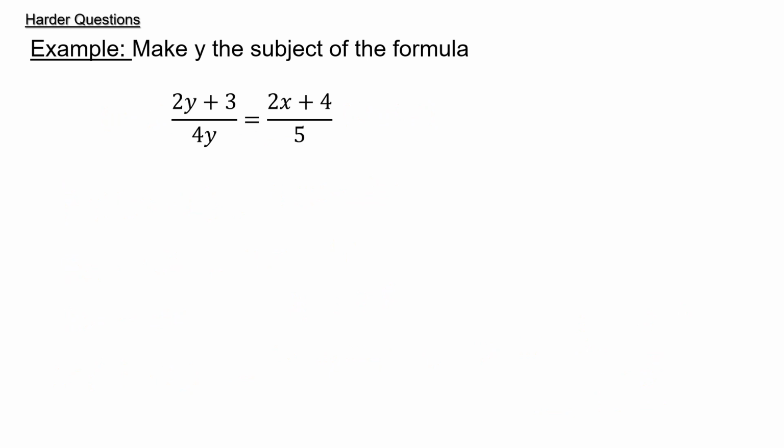In this question, I want to make y the subject of the formula. To deal with the 4y on the bottom of the fraction on the left, I'm going to first multiply both sides by 4y. Remember, when I multiply by 4y, it's the same as multiplying by 4y over 1.